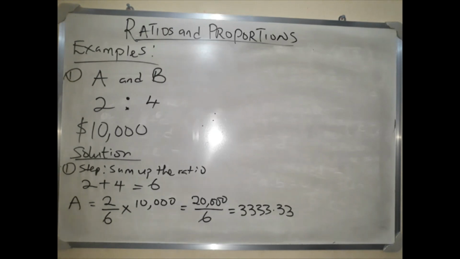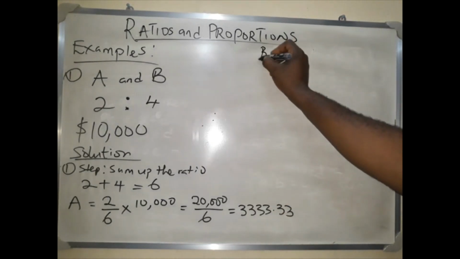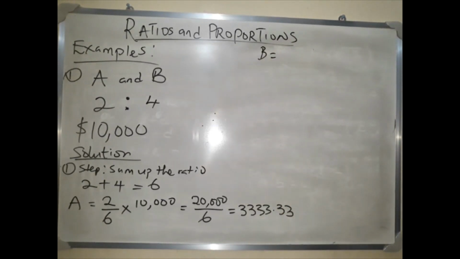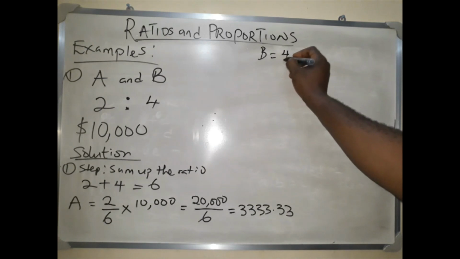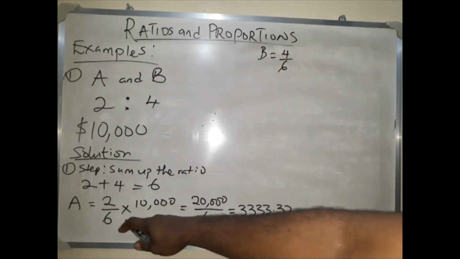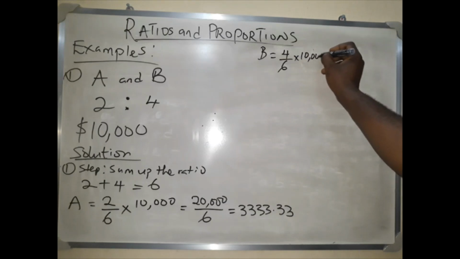But now let's look at how much Mr. B will get. Mr. B has a higher ratio, so naturally it's assumed that he will have the higher amount of money. So we take the ratio from Mr. B, which is 4, put it over 6, which is the sum of the ratio, and multiply it by 10,000.